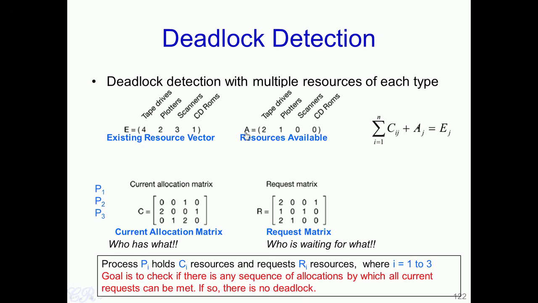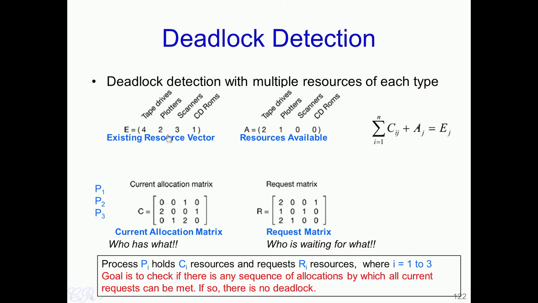Now, this particular set A determines the resources available. Essentially, out of the 4 tape drives that we have, if you look at the corresponding column in the current allocation matrix, we see that 2 are used. So, what remains is 4 minus 2, that is 2 tape drives are free and available to be allocated.